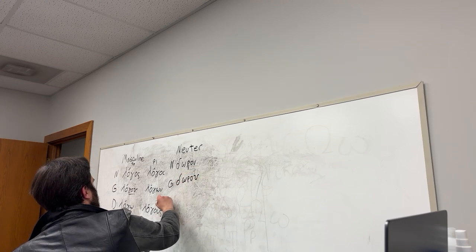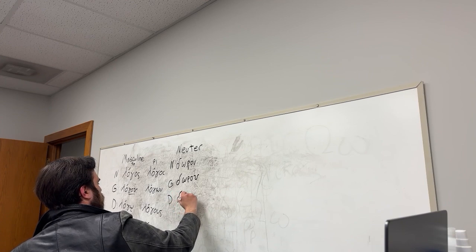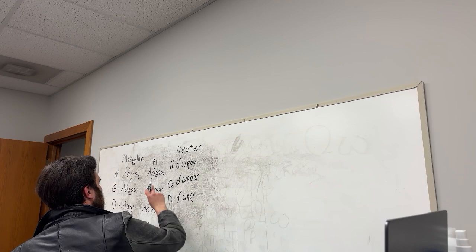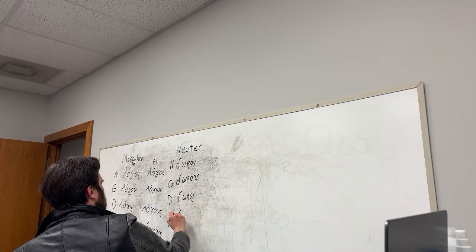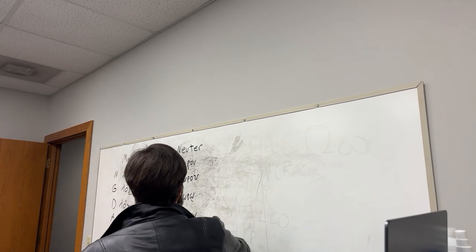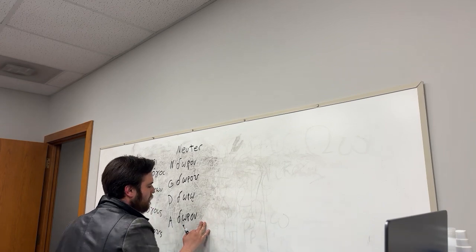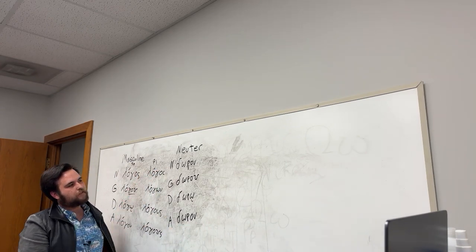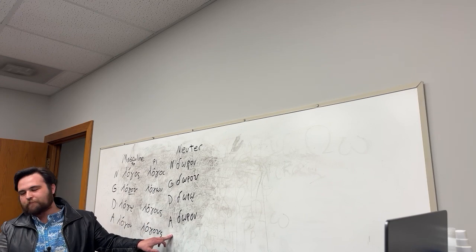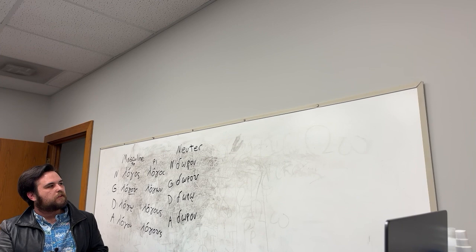And then dative, doro. And then the accusative is going to be the same as the nominative, so it's just doron again. This can be confusing if you're new to this, that the nominative and the accusative have the same form in the neuter.